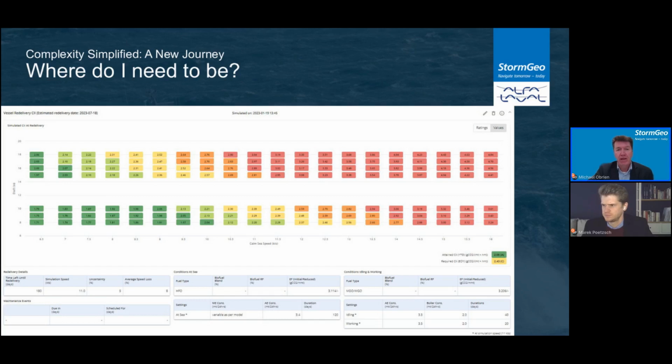And with that, it would simulate out to a 11.5 knot speed. So now you know where you started, you know where you need to be in order to be compliant with CII. And then how can we employ a variety of voyage optimization tools to really help you achieve that target.